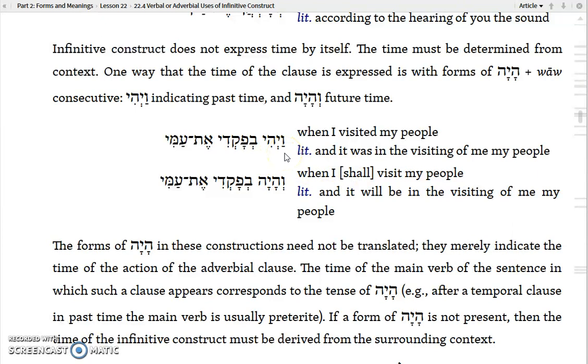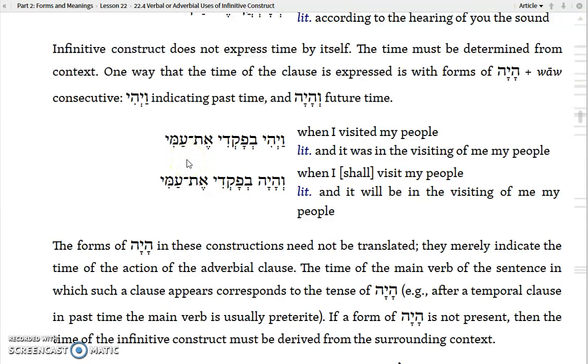So if you have vayehi bifkodi et ami, that would be vayehi, and it came to pass, but when, and then the i would be I, and then pakad in the infinitive would be in my visiting, and then the direct object marker, and then ami, my people.